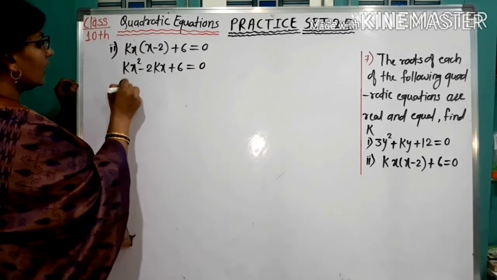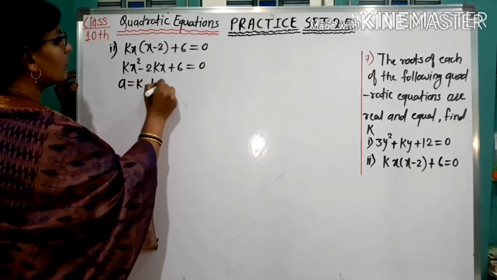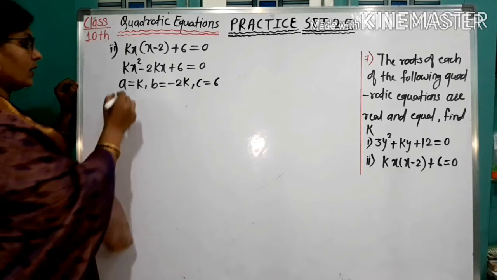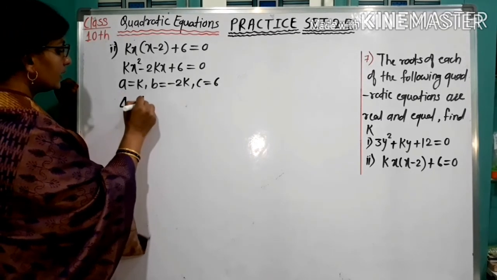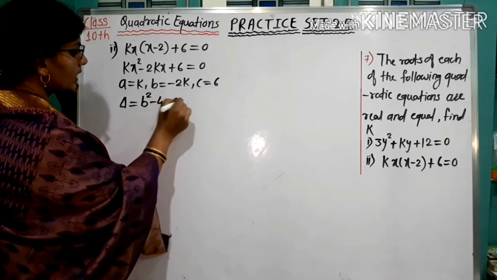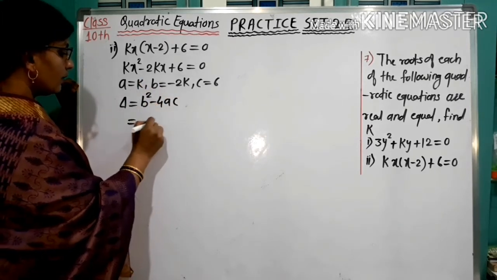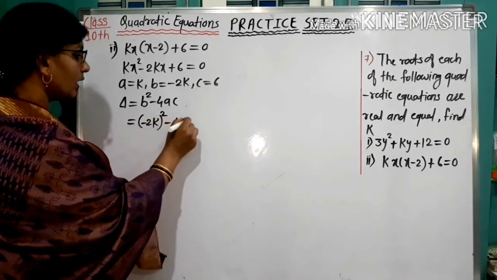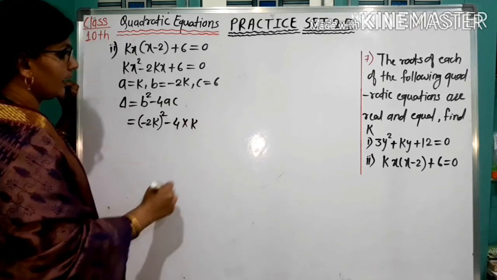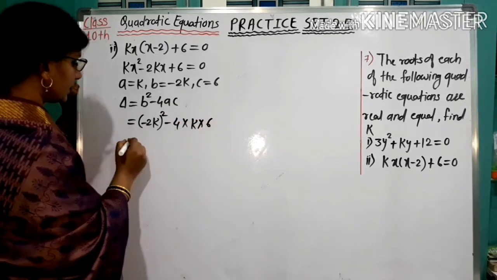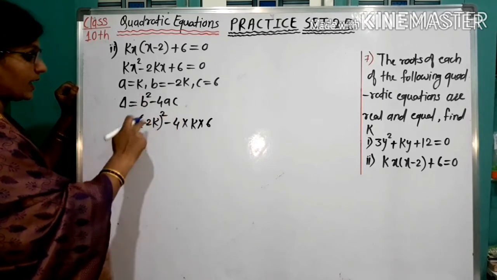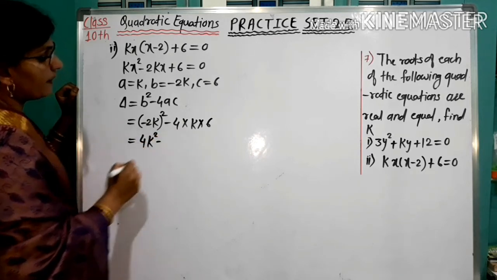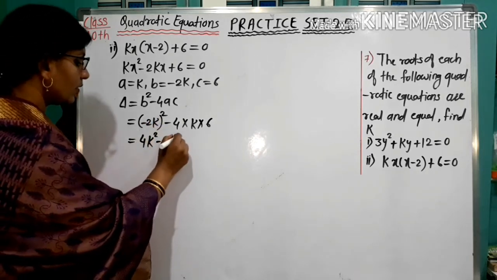From this equation a equals k, b equals minus 2k and c equals 6. Find the value of delta as delta equals b square minus 4ac. Put the value of b, minus 2k bracket square, minus 4 into the value of a is k, the value of c is 6. Minus 2k bracket square, minus 2 square is plus 4, this is 4k square, minus 24k.